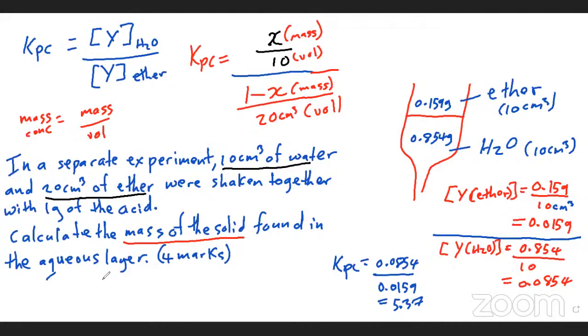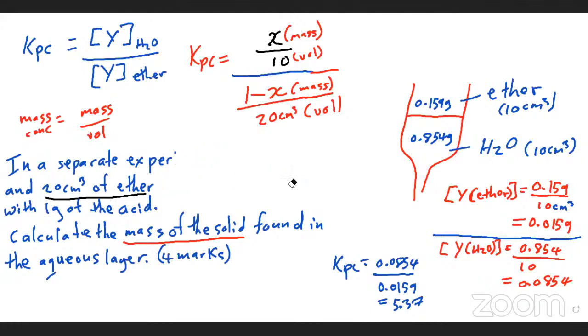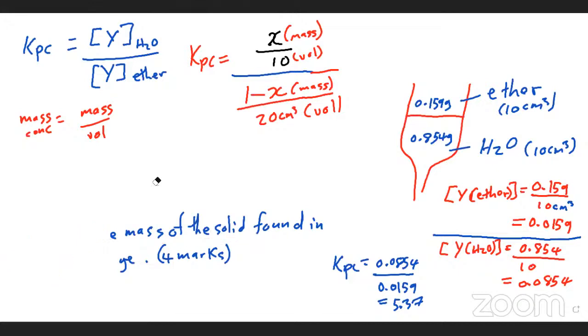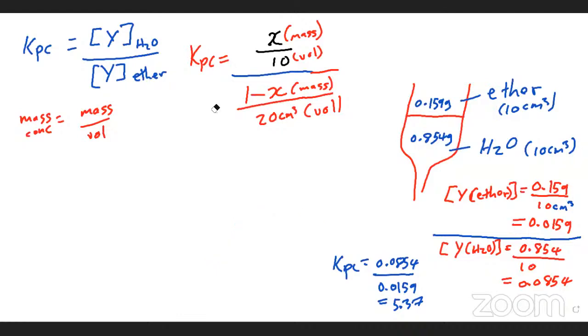Sir, there's something I don't quite understand. Why is it that for the 20 cm cube of ether, for the mass concentration, it was subtracted from 1, but for the mass concentration with the water at the numerator, it remains the same? All right. So remember we said that we're using X to represent what?